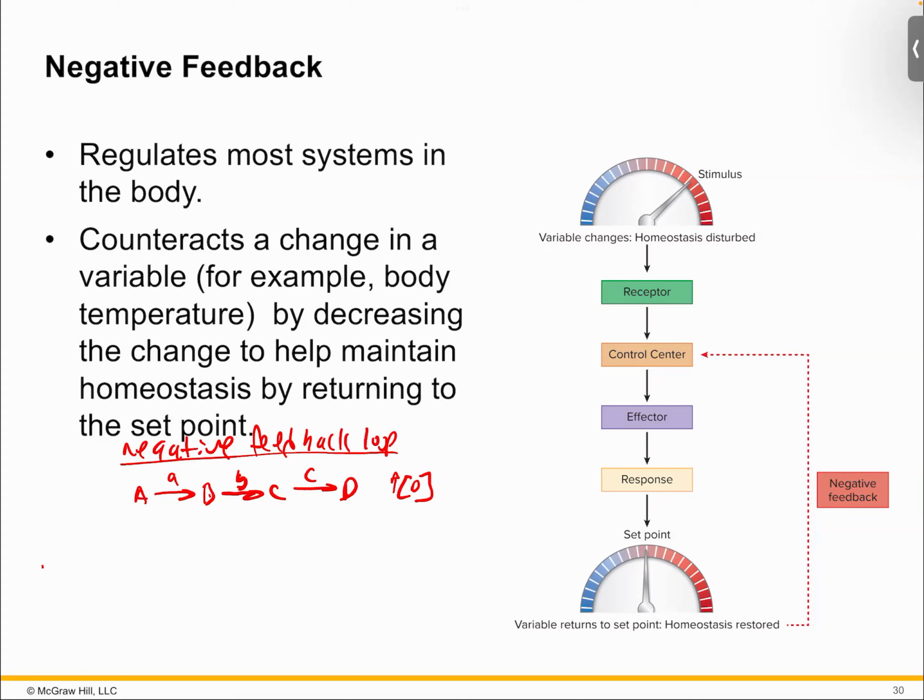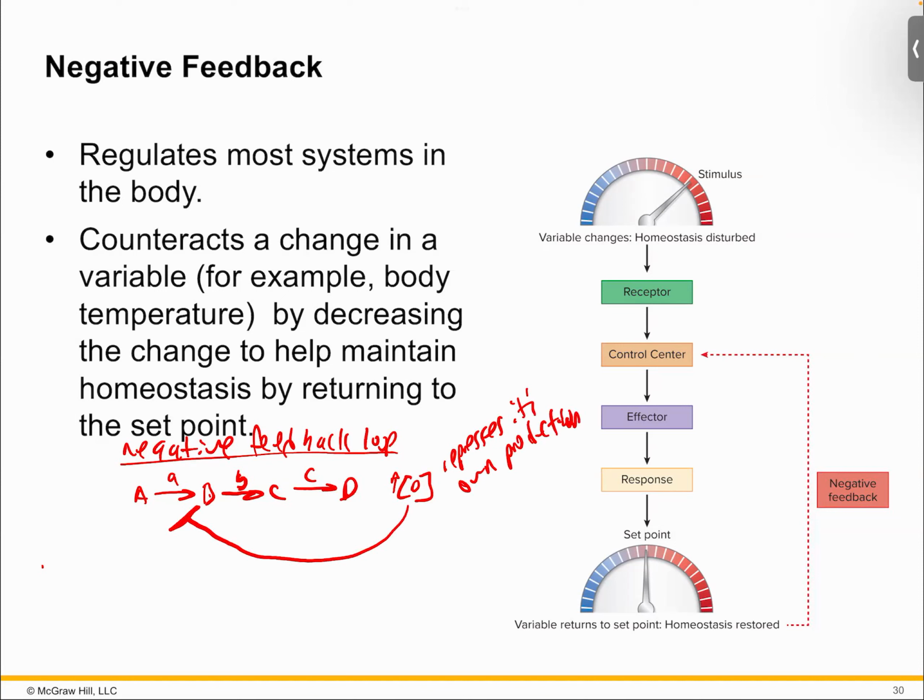So in a negative feedback loop, as D begins to elevate in concentration, the quantity of D will actually come back and will repress its own production. That's a negative feedback loop.